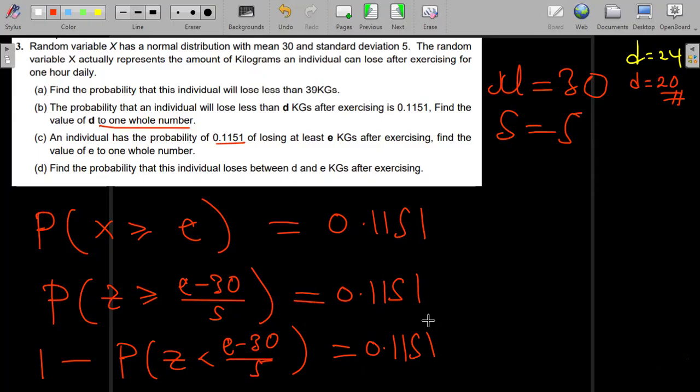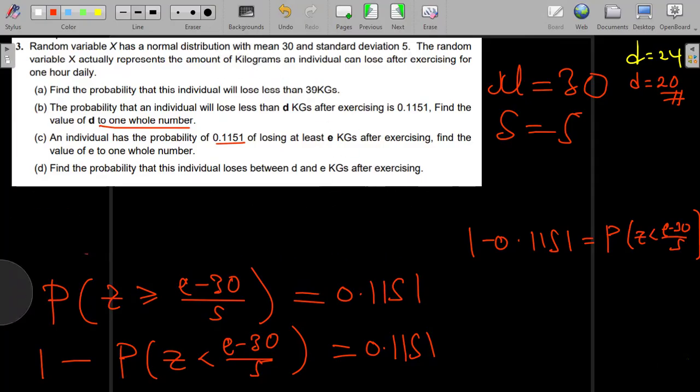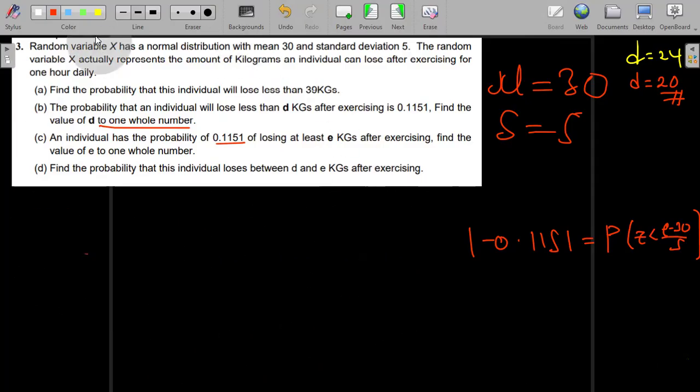Okay, so here we take this probability to the other side. What we have there will be 1 minus 0.1151, which equals the probability that Z is less than (E − 30)/5.